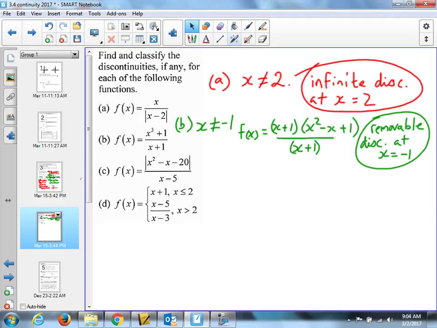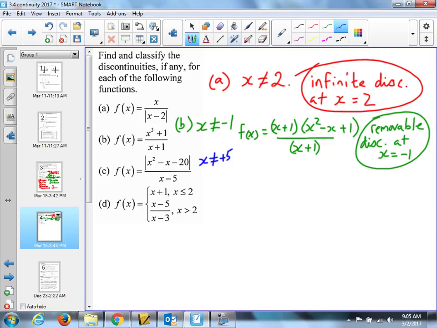Can you see with C? What do we got here? Well, negative 5 is a trouble, or positive 5 is a trouble spot. Can't have that. So we'll look at this. Can you see that you could factor the top? I'd have to think about this a little bit.